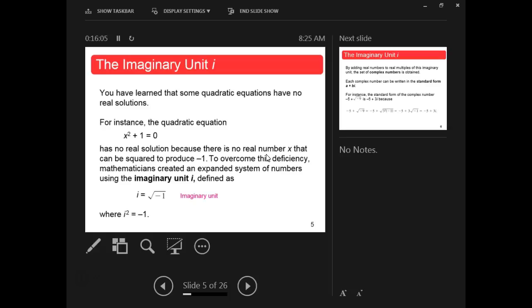You can't take the square root of negative 1 in the real number system, but we'll name that i in the complex number system. Now, another way to express that is to square both sides of this, and what do you get? i squared is equal to negative 1. Can't happen in the real number system, but it does with the imaginary number.